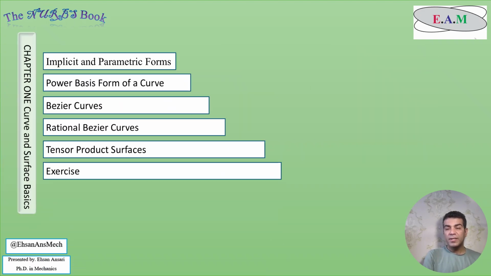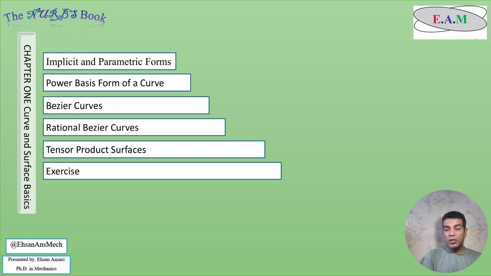Chapter 1 covers several foundational concepts including implicit and parametric forms, power basis form of a curve, Bézier curve, rational Bézier curve, tensor product surface, and it concludes with a set of practical examples.